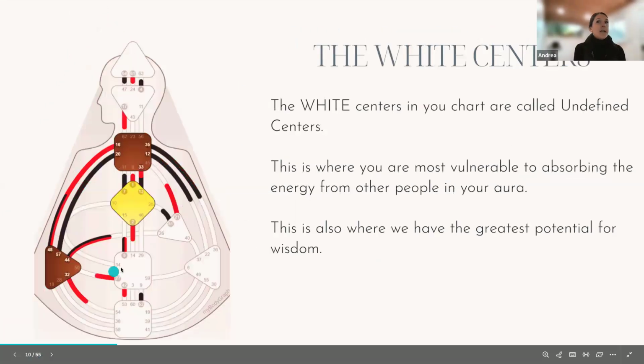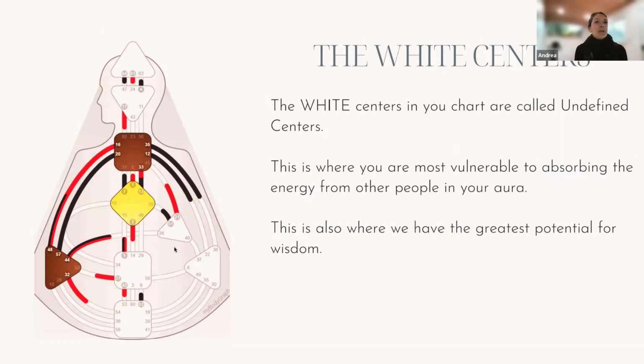And then the white centers, the undefined centers, is where you're most vulnerable to absorbing the energy from other people. This is where you also have the greatest potential for wisdom, because you're not fixed in doing things a certain way. So you're more open to learning new ways, to adapting to your environment. For example, this area over here is the solar plexus area.